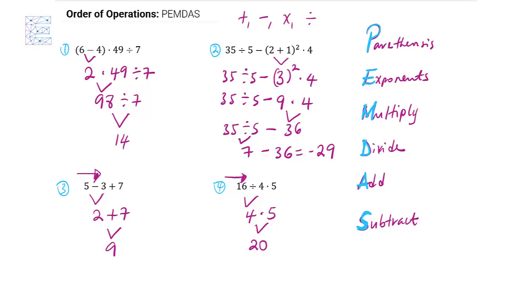The second scenario is when a question has division and multiplication only, ignore PEMDAS and simply go left to right. It doesn't matter if the division comes first. And in doing so, you will make sure that you get every question that requires order of operations correct.